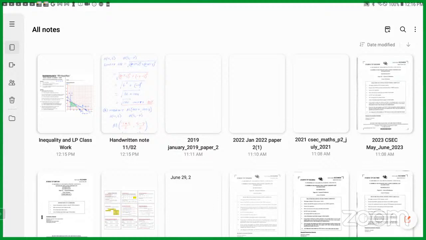I'll go through them in the order that I sent them. So June 2021. I sent one on this paper last night.